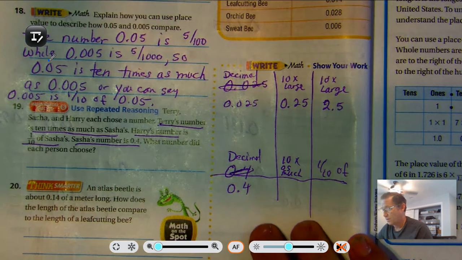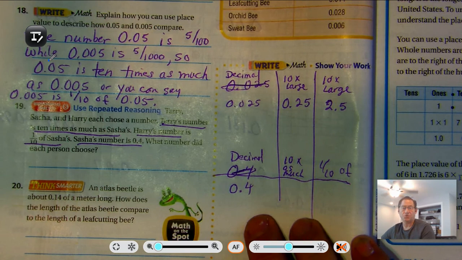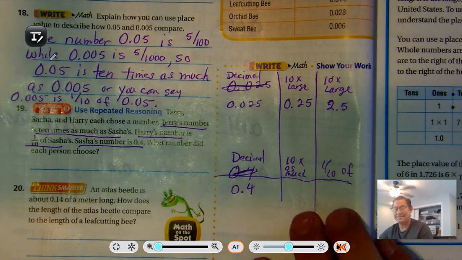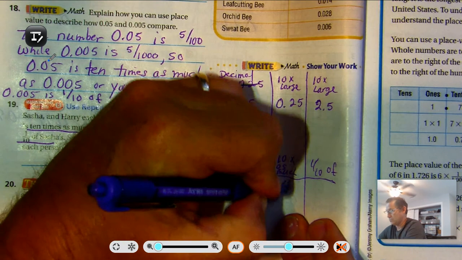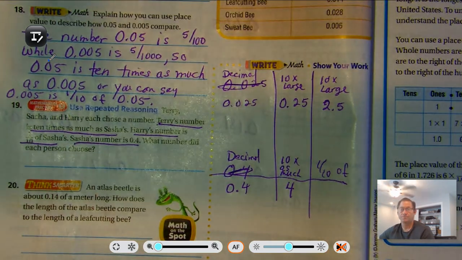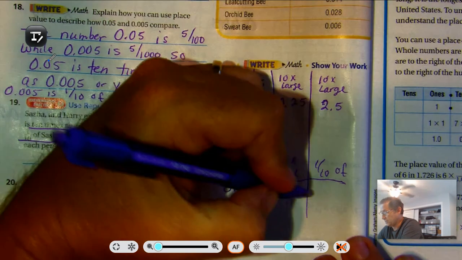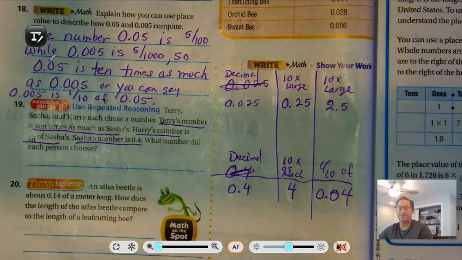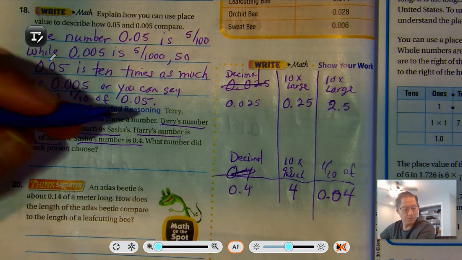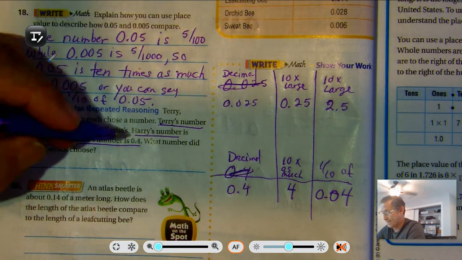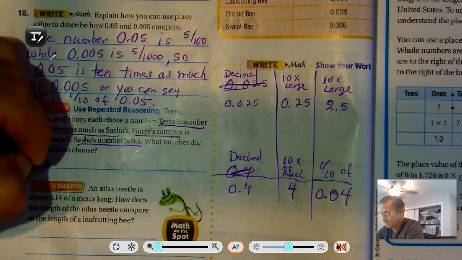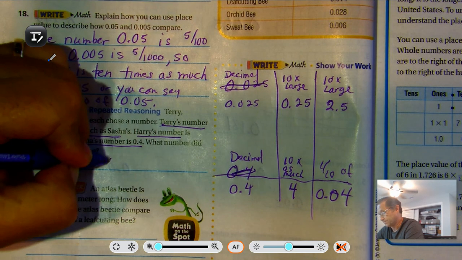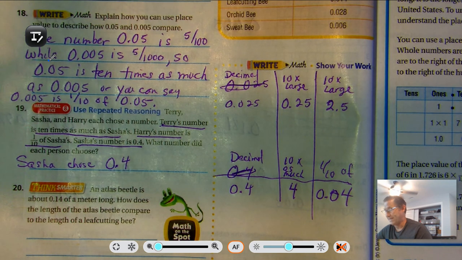Okay, so what number did each person choose? Well, we know Sasha's is 0.4. 10 times as much as hers would be 4. 1/10 as much would be 4/100ths. So we would say Sasha chose 4/10.